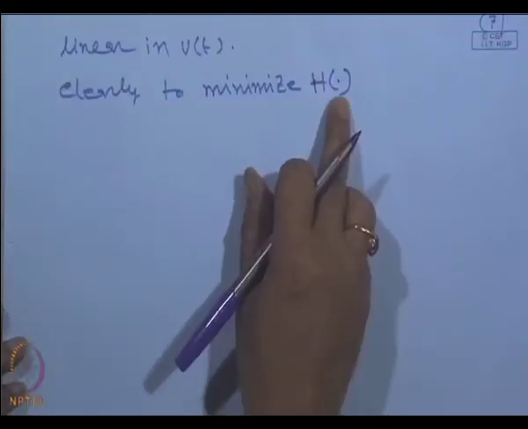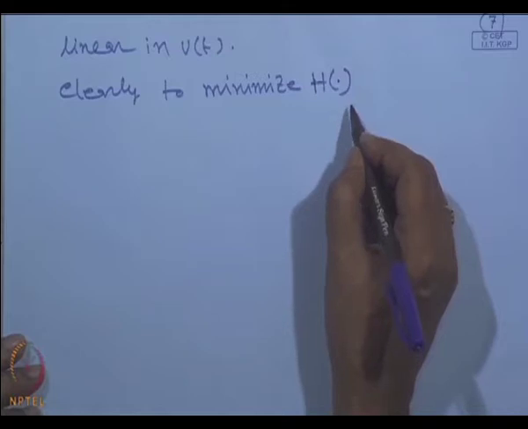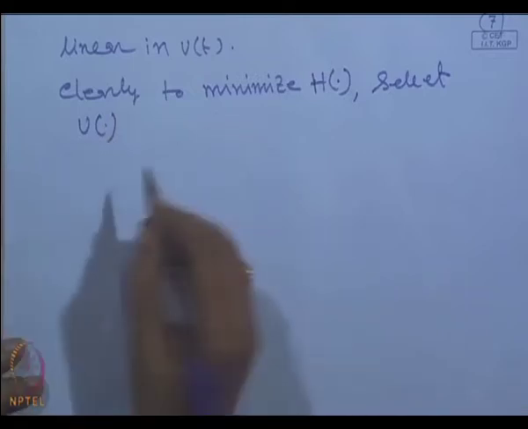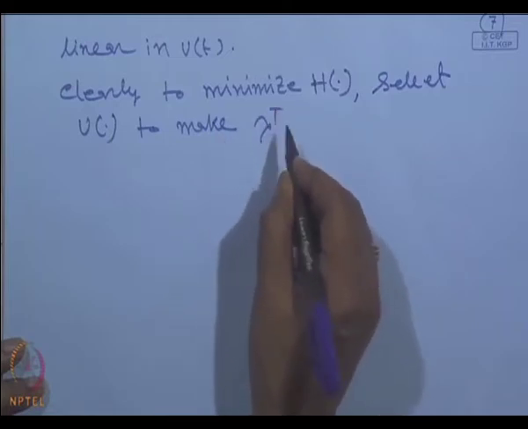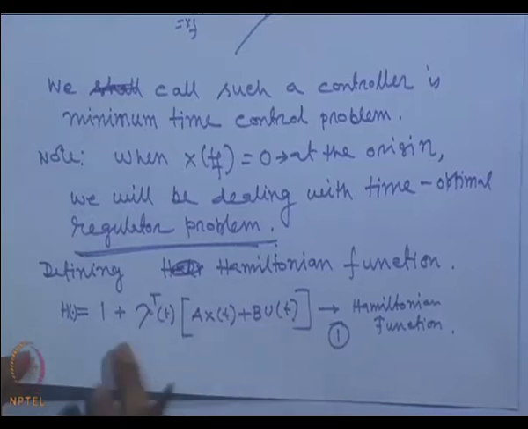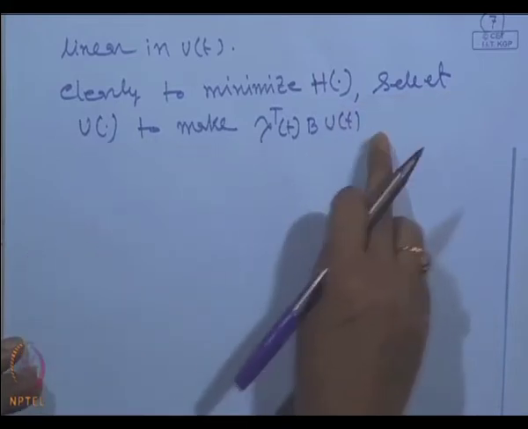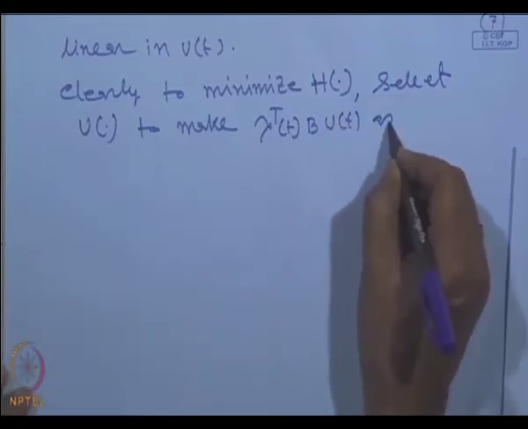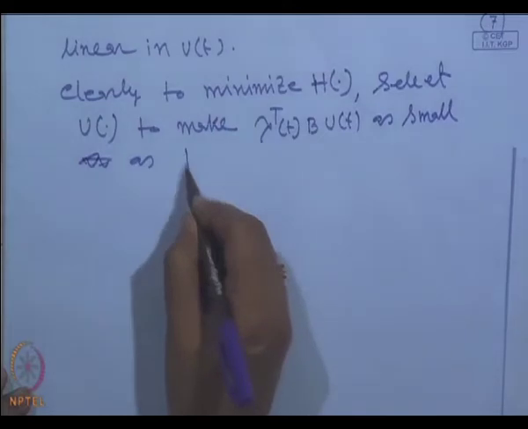So, to minimize H, select u of t to make the term lambda transpose B u of t as small as possible.